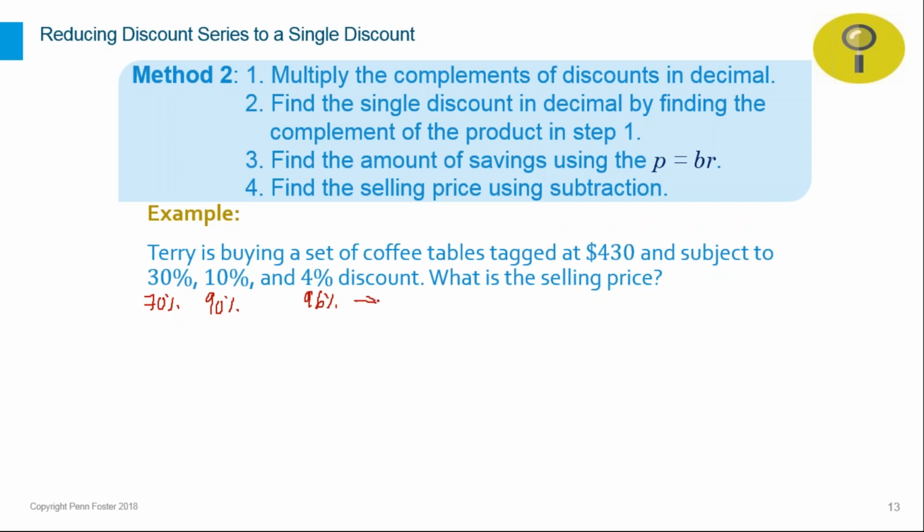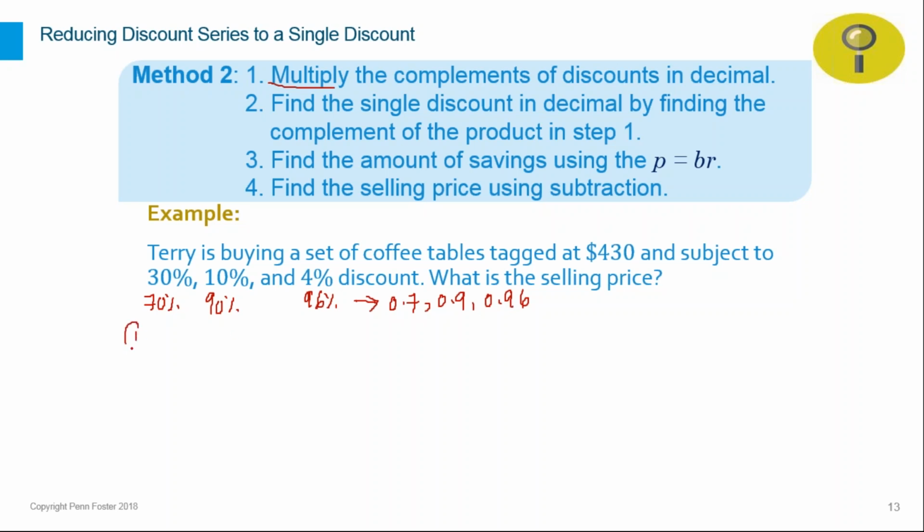Now we need to switch these to the decimal form. 70% is 0.7 in decimal. 90% is 0.9 in decimal, and 96% is 0.96 in decimal. The first step is to multiply all three decimal forms of the complements of the discounts.